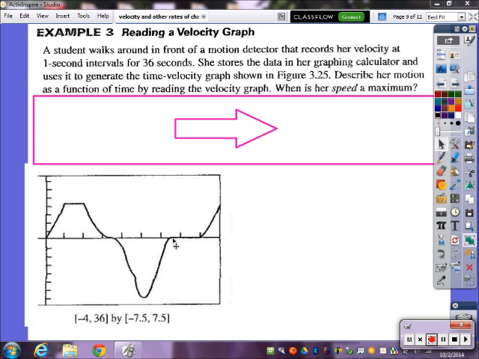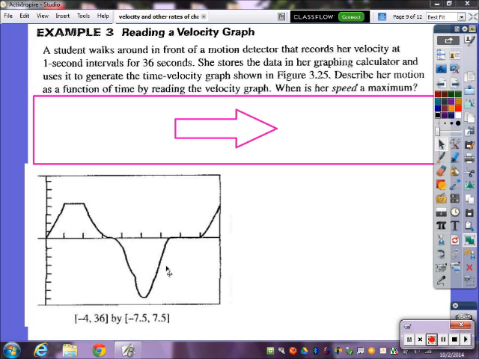And then we have this flat line right here along the x-axis. That means velocity is 0. So if velocity is 0, that means she's not moving. So from 13 seconds to, let's see, 4, 8, and then we have a few here, so we'll say 11, maybe 12, 13.